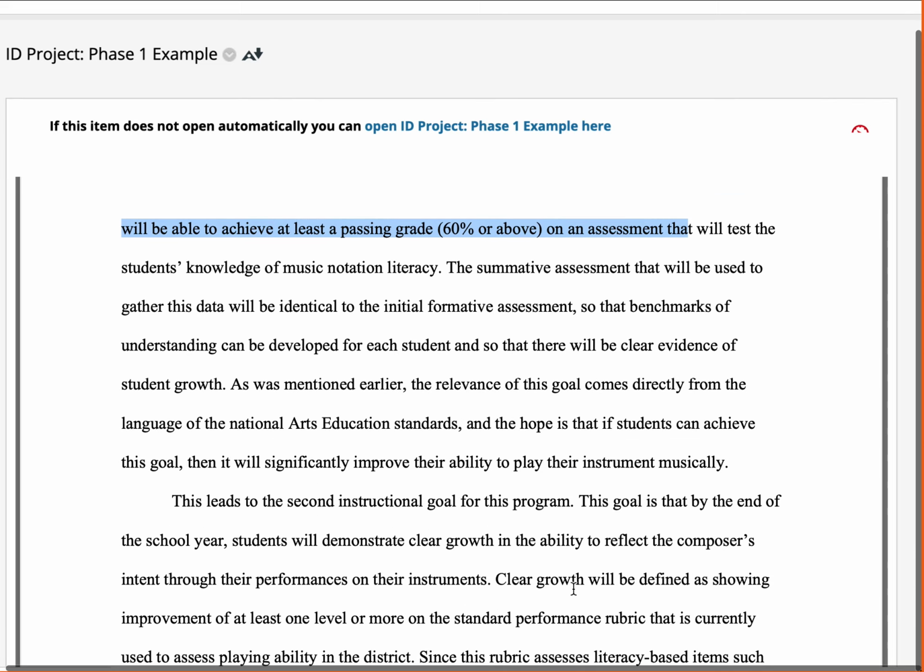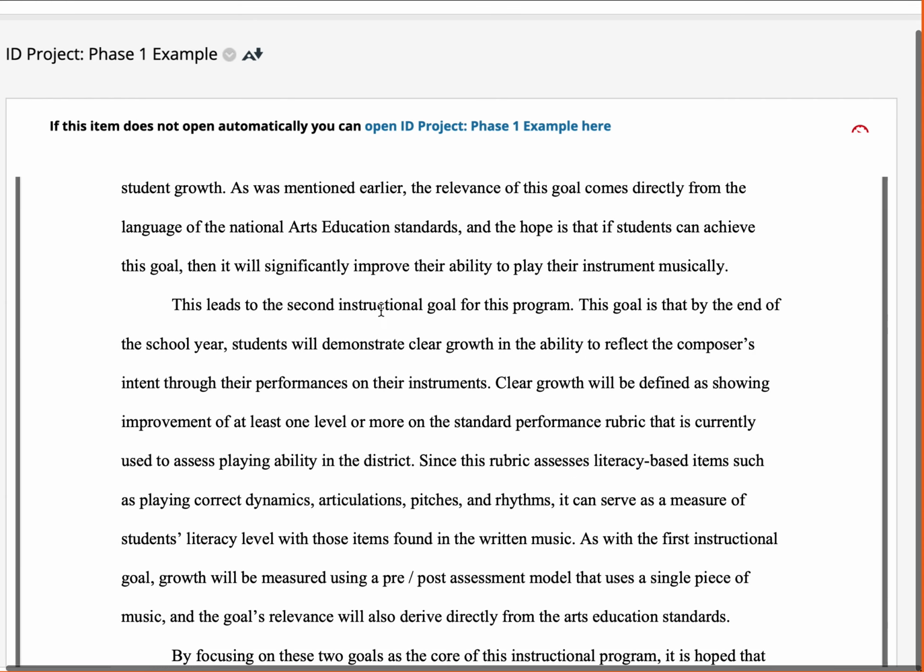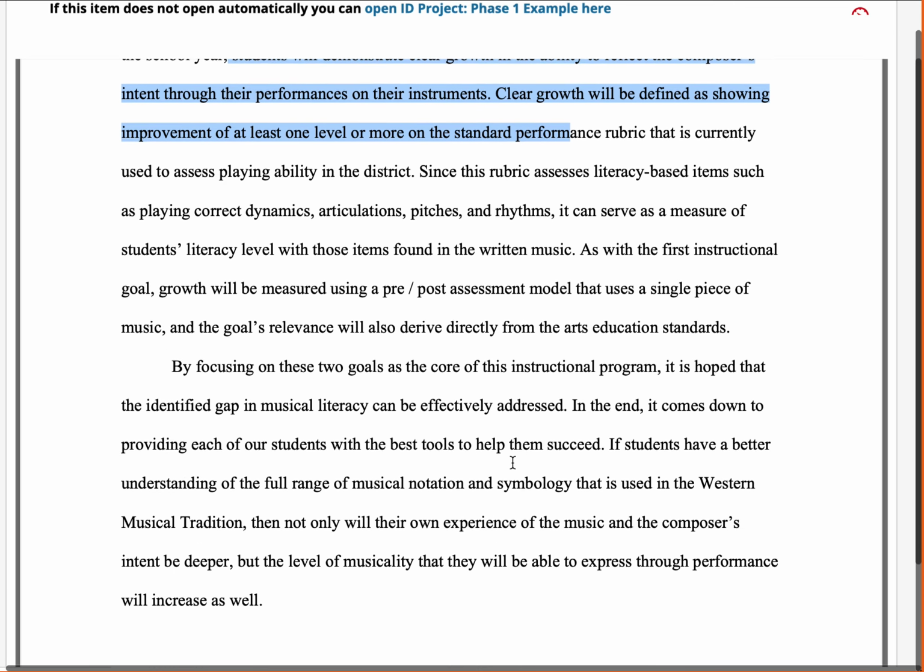And because it's a performing ensemble, the second goal had to do with them being able to use those terms in a performance to actually demonstrate that they know what the terms mean and can perform them on their instruments. So then the plan that I'm going to develop will cover how to get the students to reach those two goals. So that's helpful just in terms of a model.